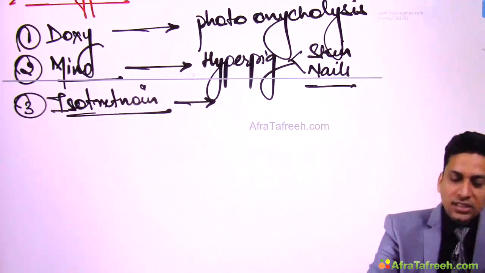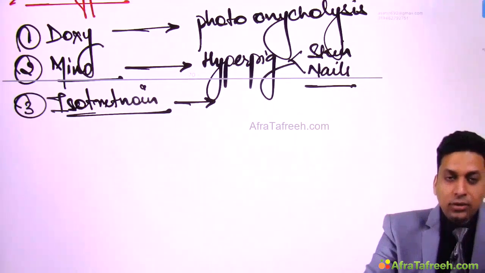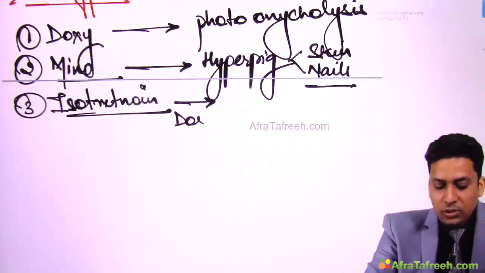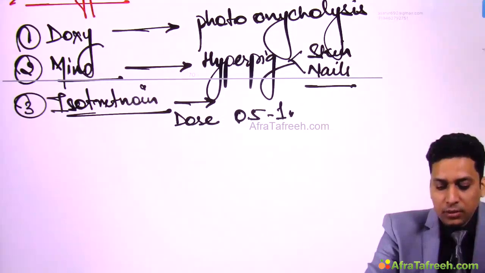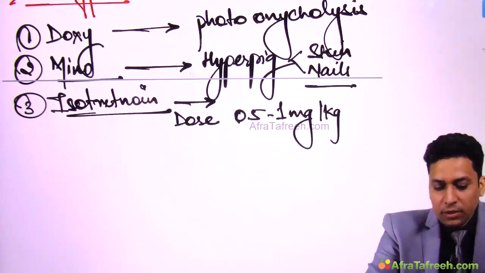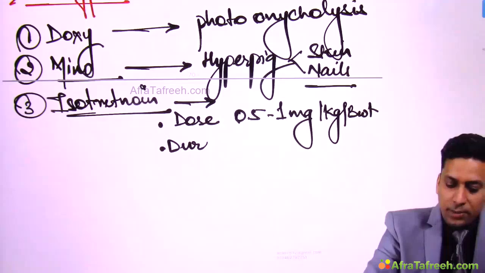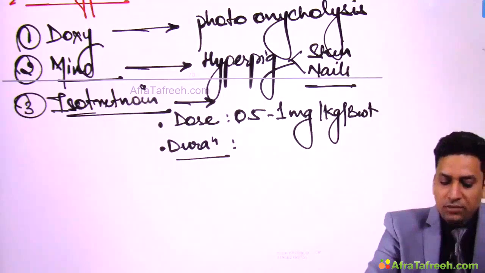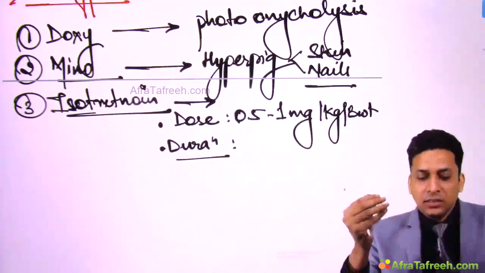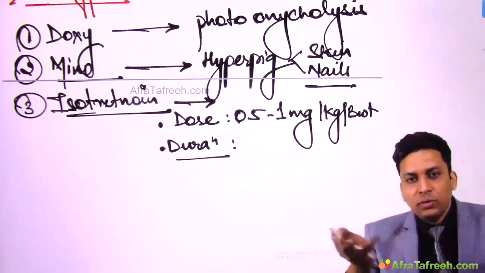Before discussing the side effects, you can remember that isotretinoin is the drug of choice and the dose which is used is 0.5 to 1 mg per kg body weight. Duration of therapy: there is no fixed duration mentioned in the books. Nowhere is it written that it has to be given for 2 months, 3 months, 4 months.